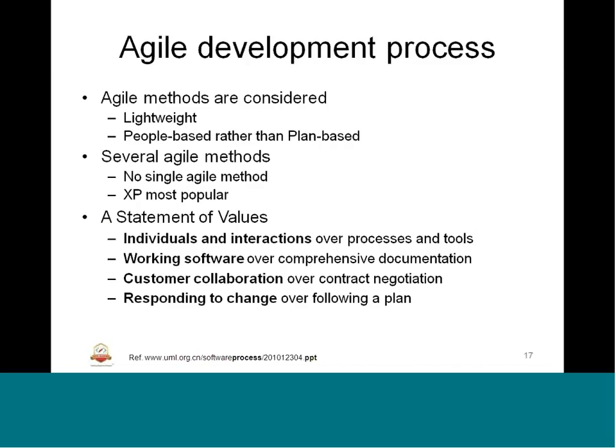But in the agile method we have a people based, team based or resource based approach rather than process based or plan based. It's a lightweight process. Several agile methods exist.